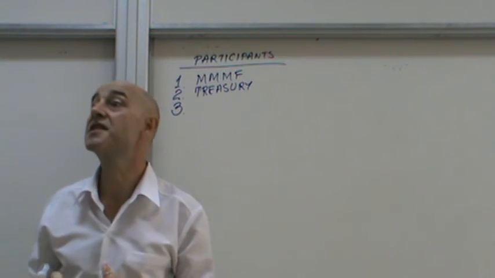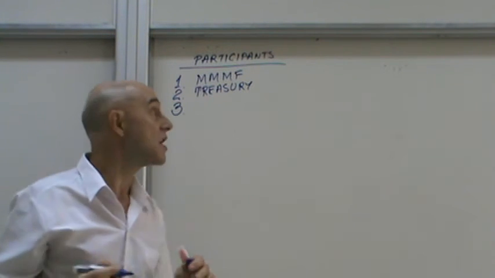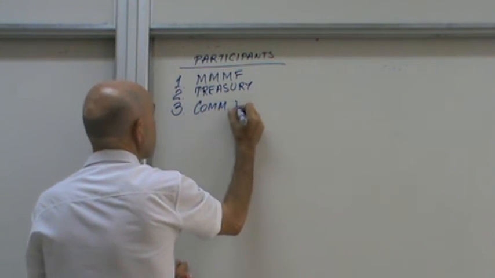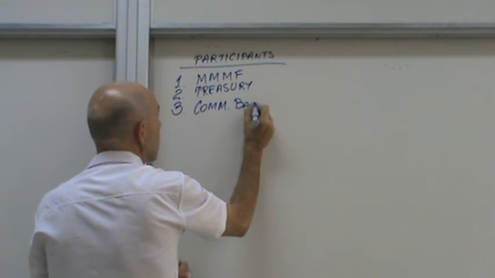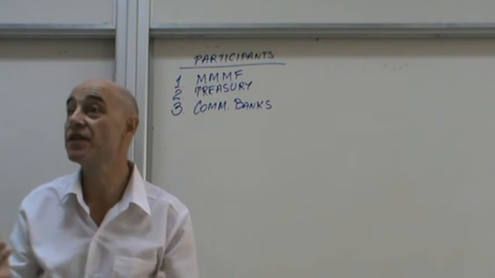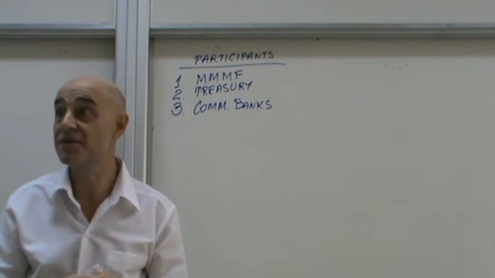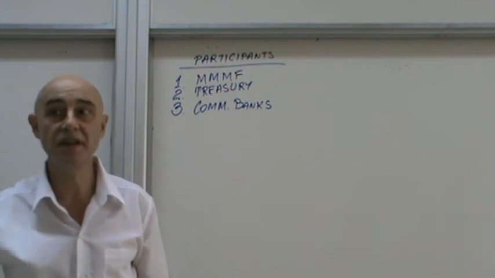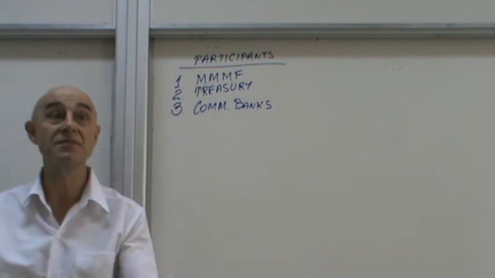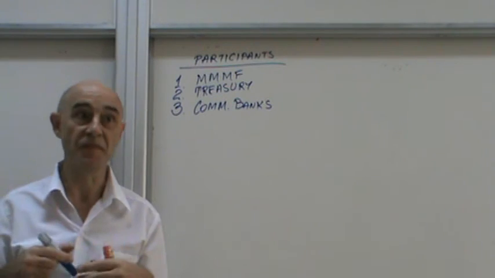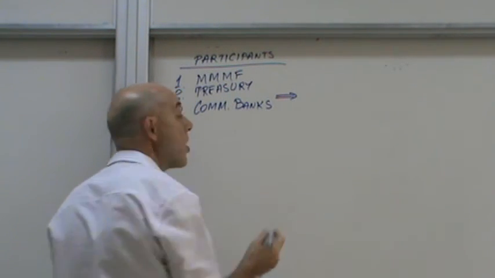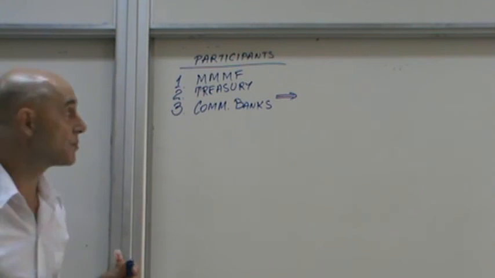Next, I already discussed many times, commercial banks. And commercial banks will be active on both sides. Sometimes they'll be issuing CDs, sometimes they'll be selling Fed funds, sometimes they'll be buying them. So commercial banks use these markets for two main purposes.